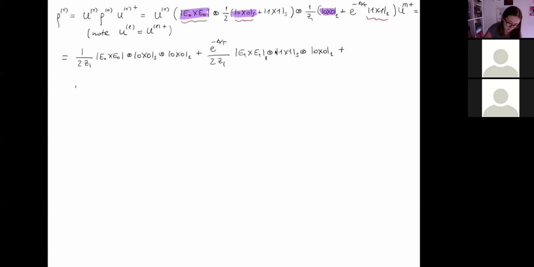Okay. Then the next combination we consider is the following. State of the battery is 0, state of the qubit 1, state of the heat bath 0. This is also a state when something happens.